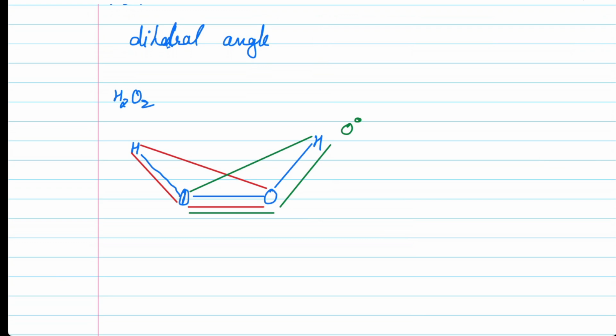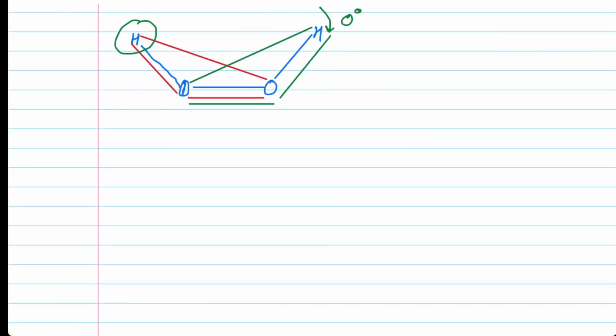Now let us say we hold this particular hydrogen and we pull the other hydrogen towards ourselves. Then the structure deforms and we get, here, the hydrogen, the oxygen, this oxygen. They are still in the same plane, but now this particular hydrogen which we have pulled is going to shift out of the plane.